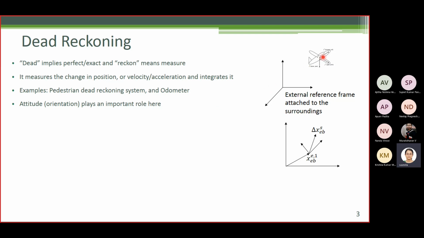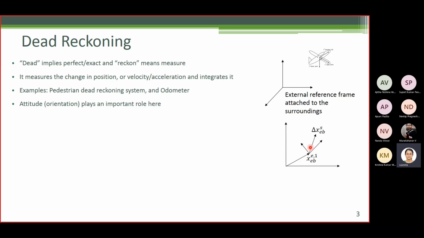But the previous position is known with respect to this external frame. Let's say in this 2D case, this is the external frame. So the previous position is known with respect to this external frame, resolved along the frame axis, whereas the change in position is known in the body frame, right?